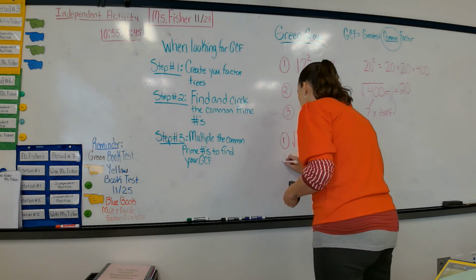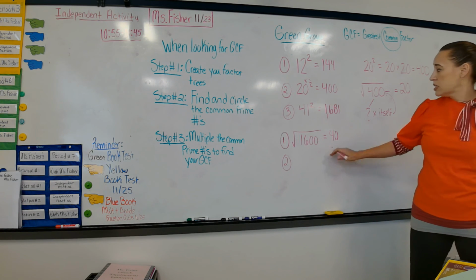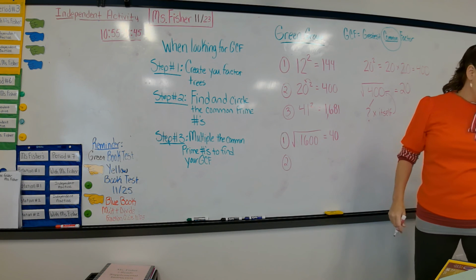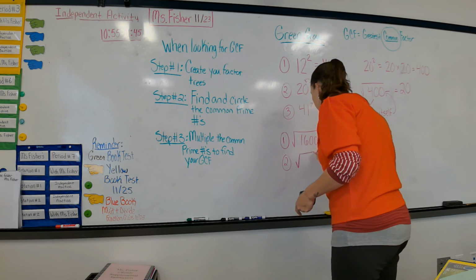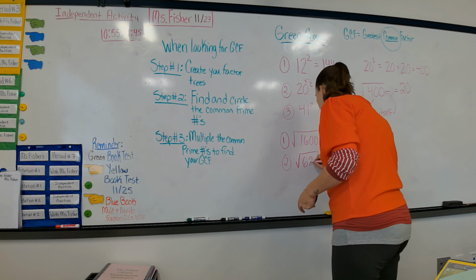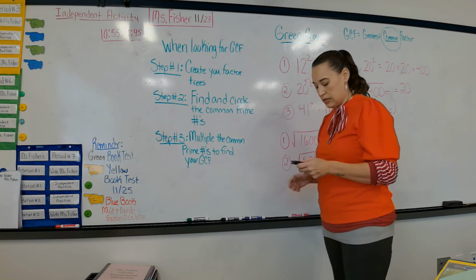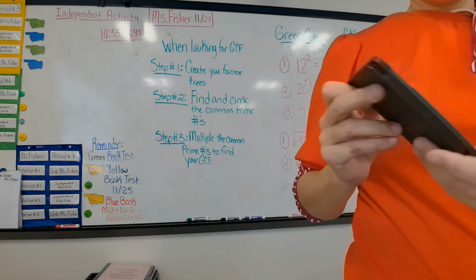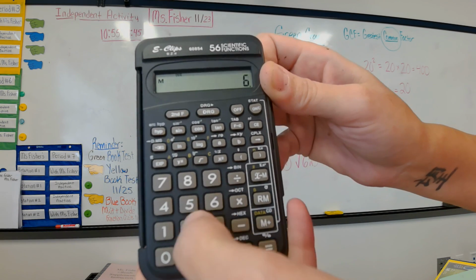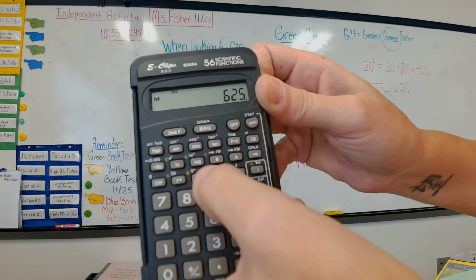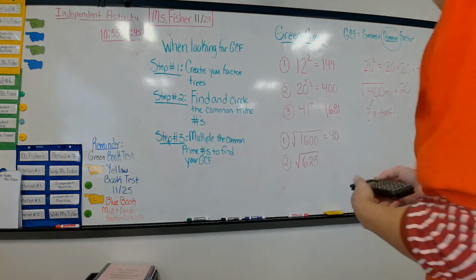Okay, number 2, and that's all I'm asking. That's all I'm asking you to do. You would just literally say 40. Number 2 says square root of 625. Okay, so again, you simply enter 625 and then press your square root button and you get 25.